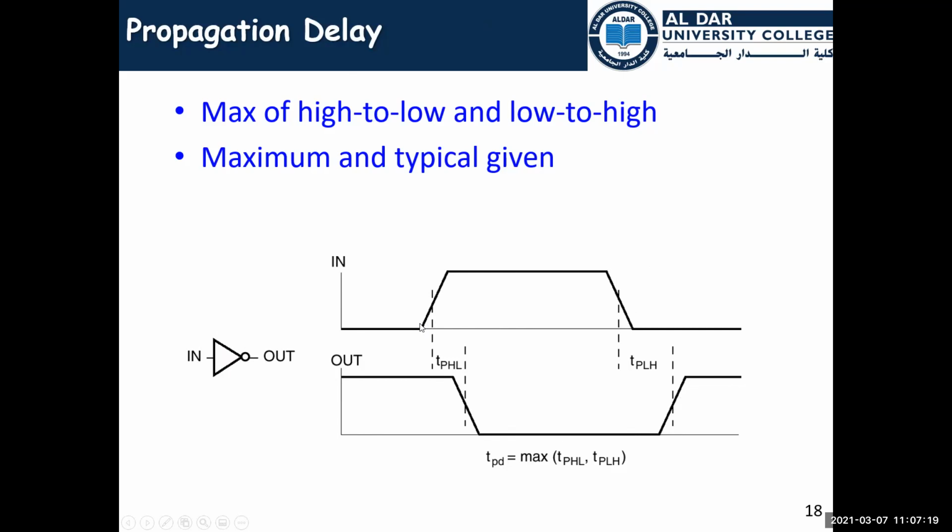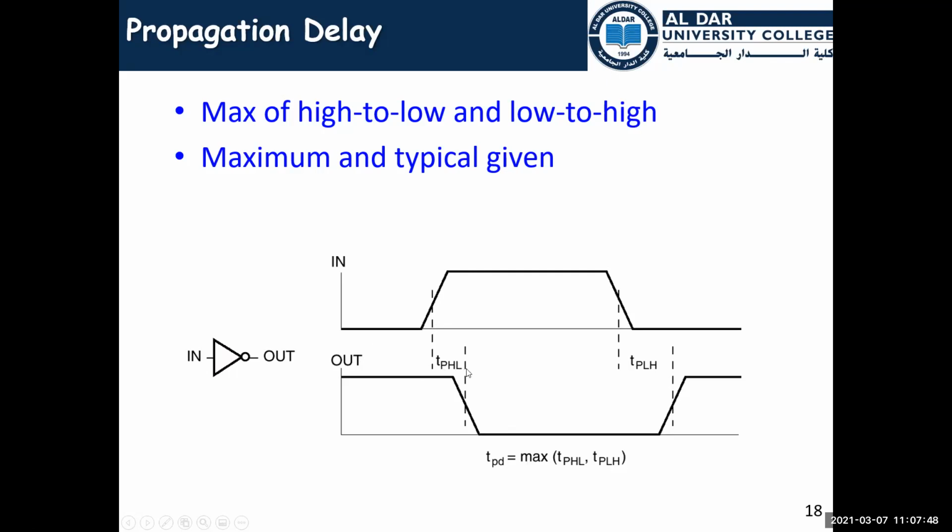Look at this part, it is important: when the in moves from low to high, the out doesn't convert directly. It should convert here, in the middle of this edge, but it waits for a time.